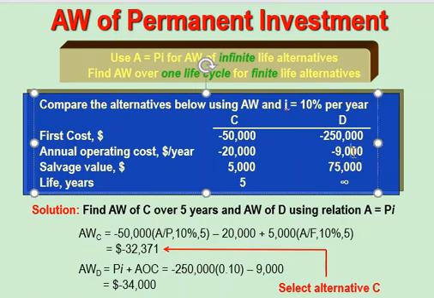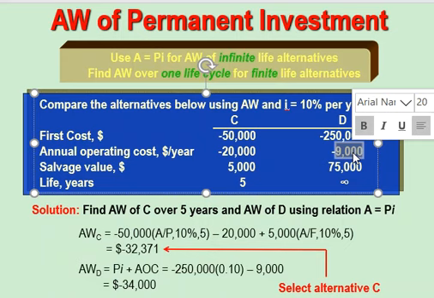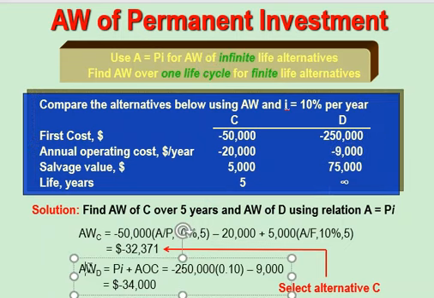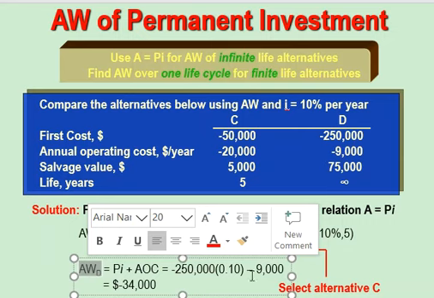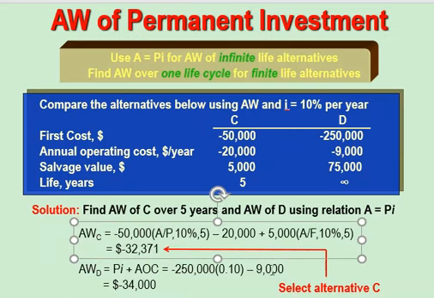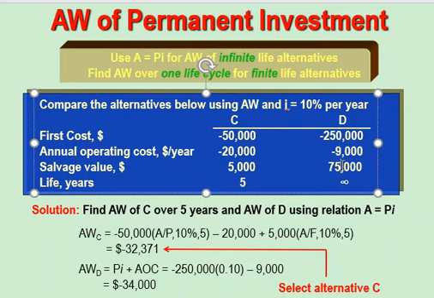And then the other one is $9,000, which is in year, so you keep it in year, because everything is in year. What about the salvage value? We said, when we have an infinite alternative, from the previous session, we do not include the salvage value.